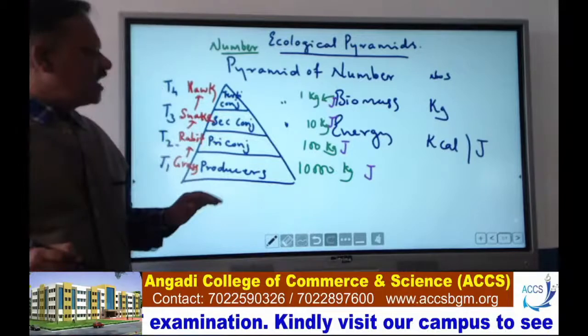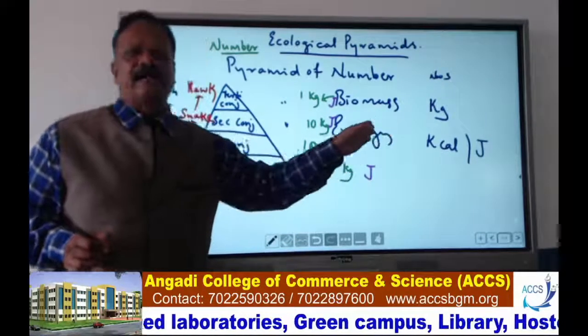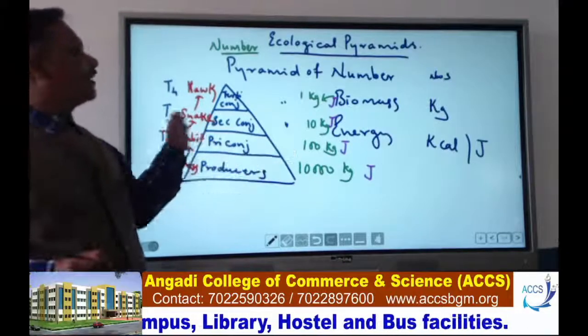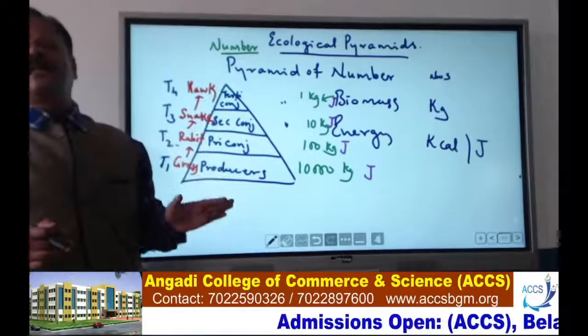So if you write joule or kilocalorie after the numbers, it becomes the pyramid of energy. Hope this pyramid is very clear to you.